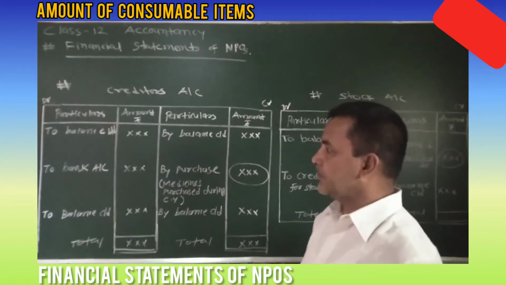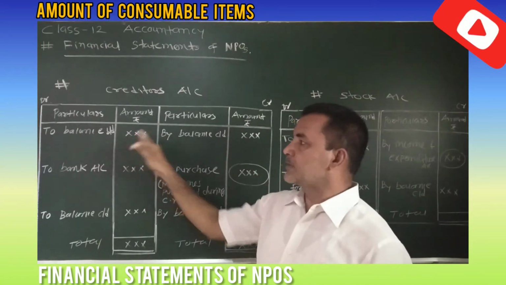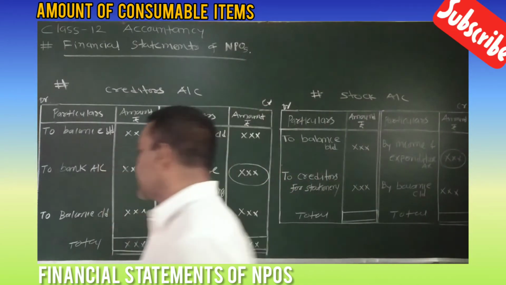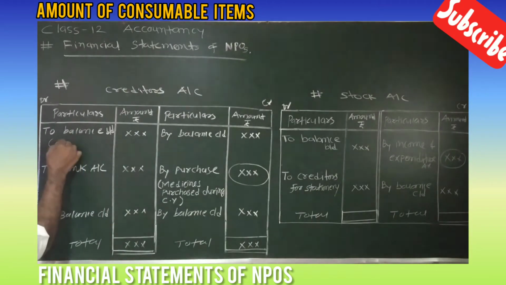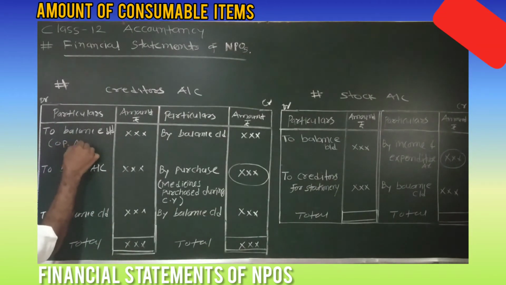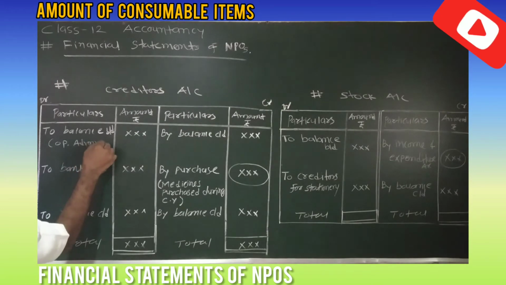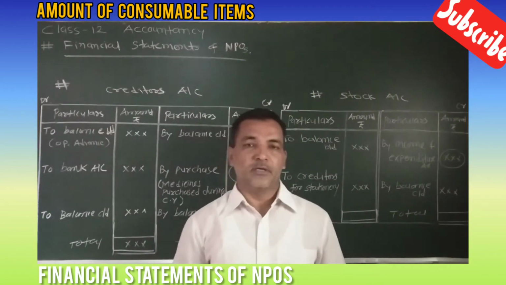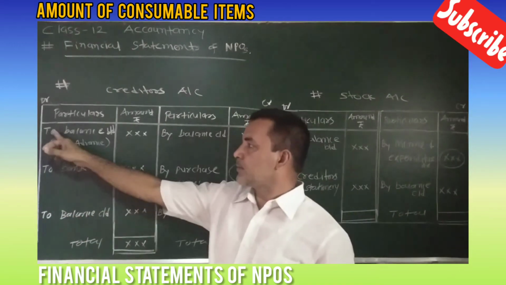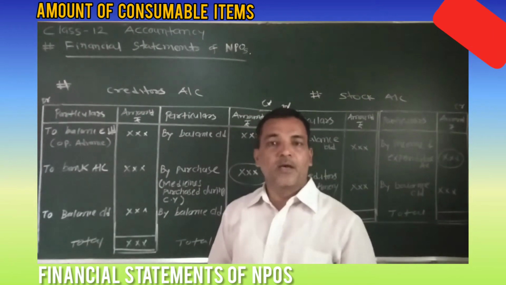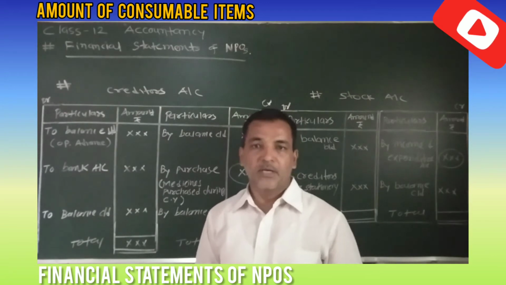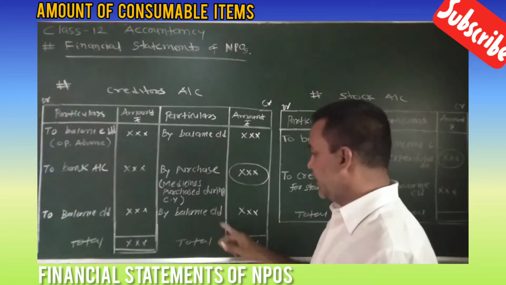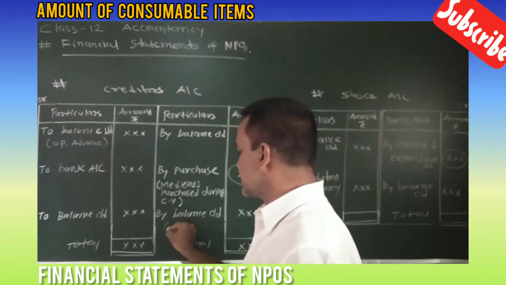In this creditors account, debit side, first of all, you have to write opening advance like this to balance brought down. That is advance paid to creditors in previous year. And closing advance, you will write here at last by balance carried down. This is closing advance.